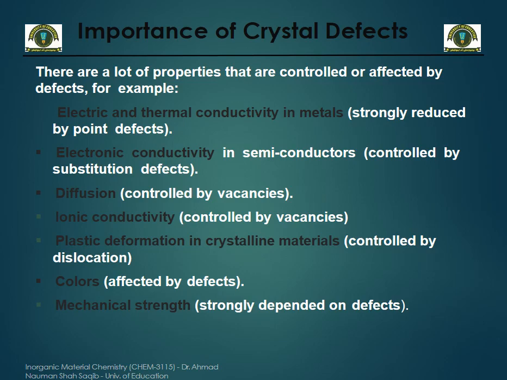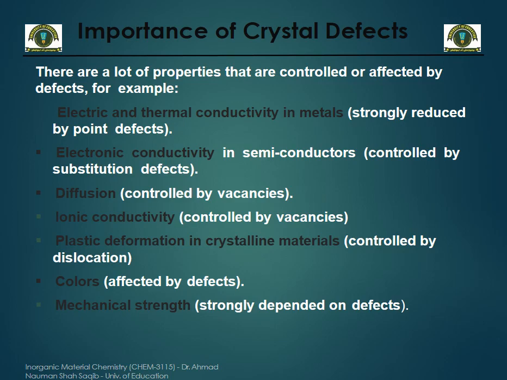The color of a crystal is affected by defects. For example, if there is a point defect in the structure, it affects the color of the crystal. The mechanical strength of the crystal structure is strongly dependent on defects.